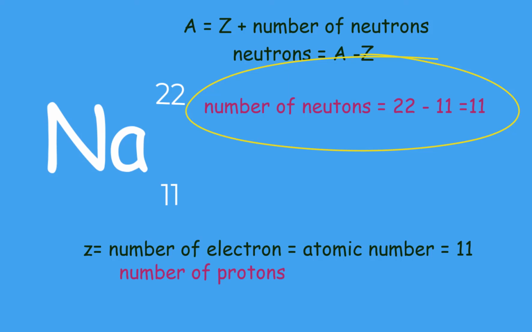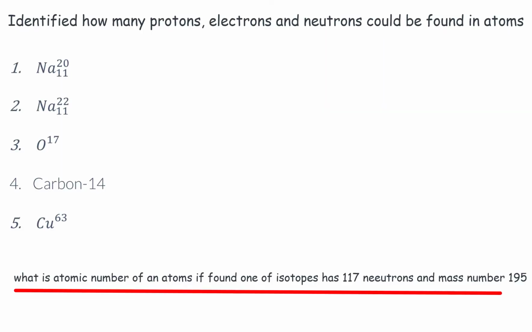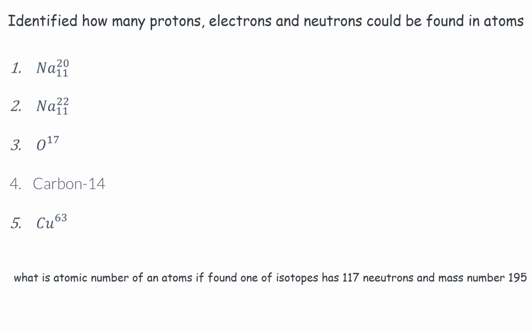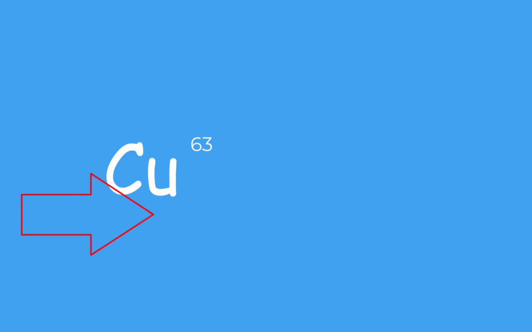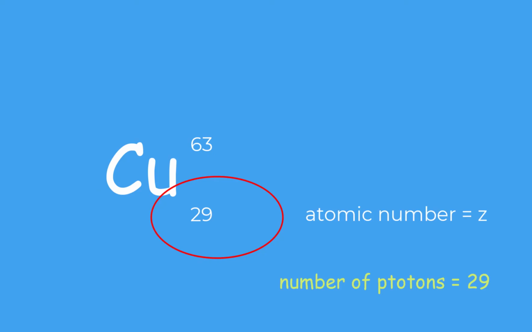For our questions, we will discuss only two of them. The first is cuprum. From the periodic table, we know the atomic number of cuprum is 29 and the mass number is 63.